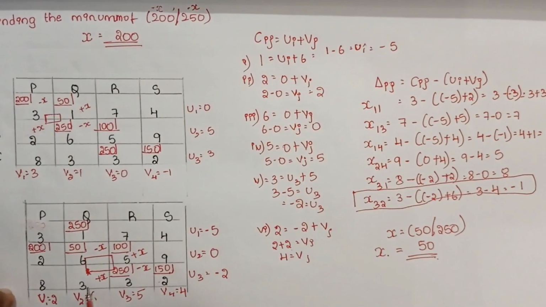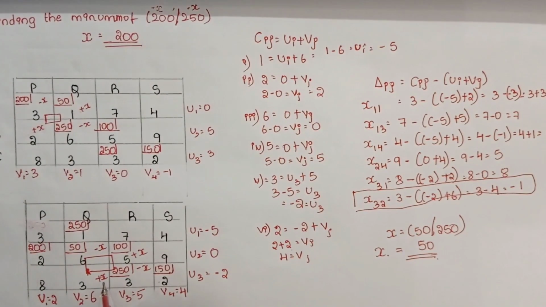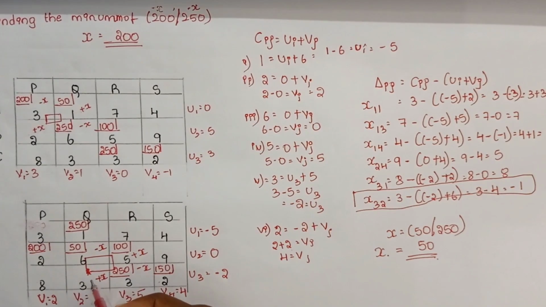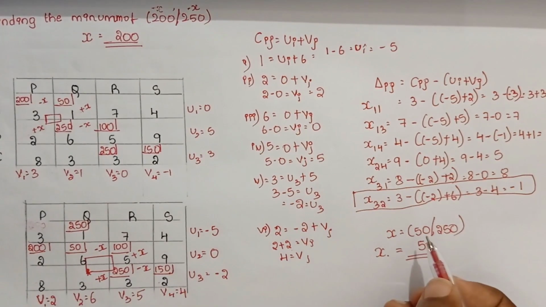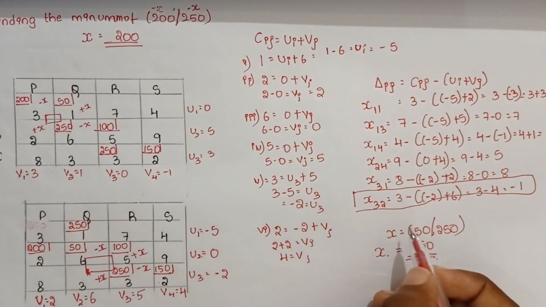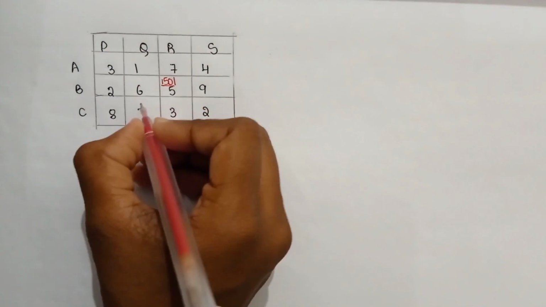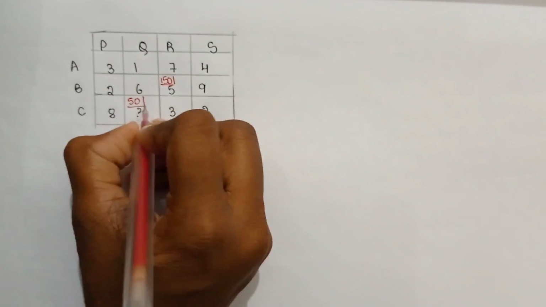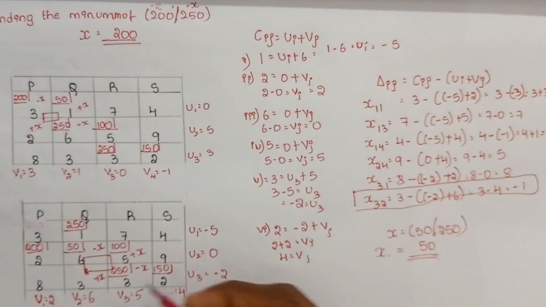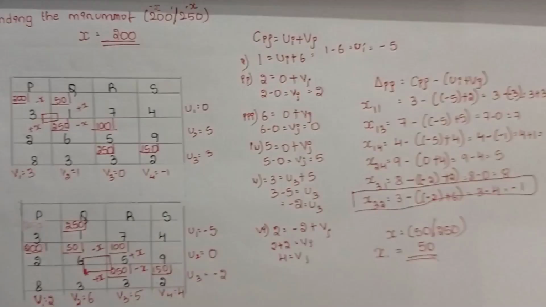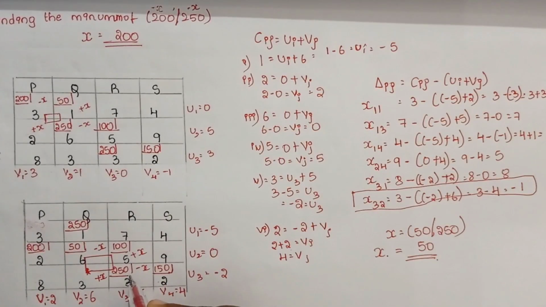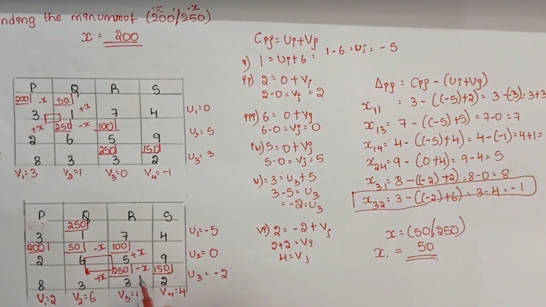Next, 3. 3 has a plus sign, and we don't have any allotment there, so it will be considered as plus 50. So 0 plus 50 is 50. So the allotment is 50. And in the next cell, the allotment is 250, but this is a negative cell, which is a minus x cell.